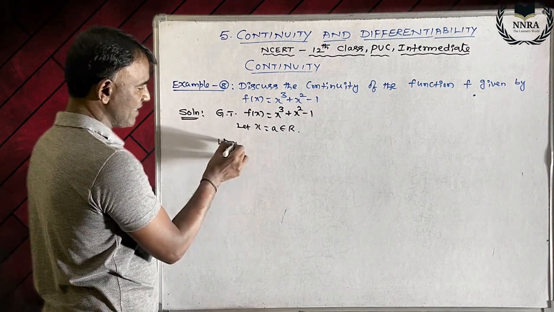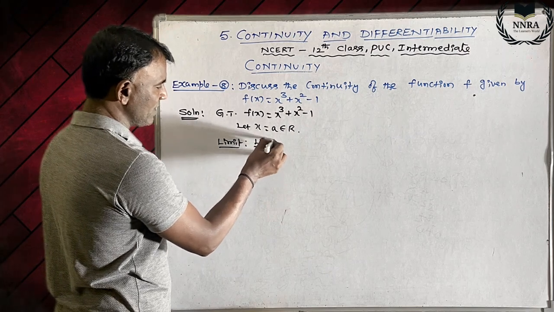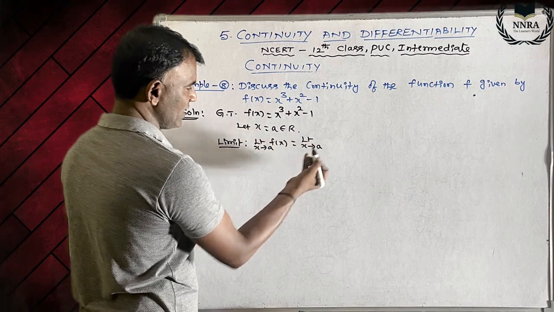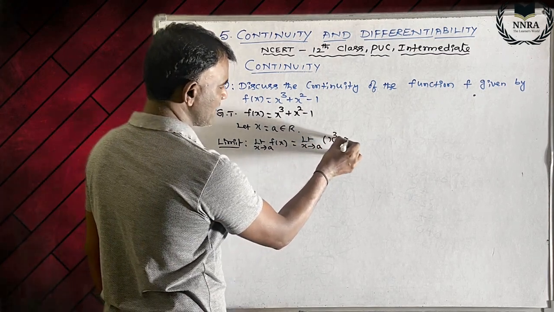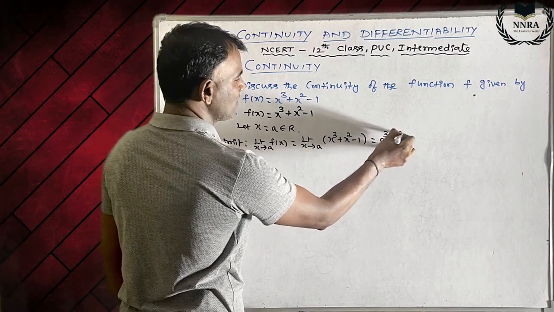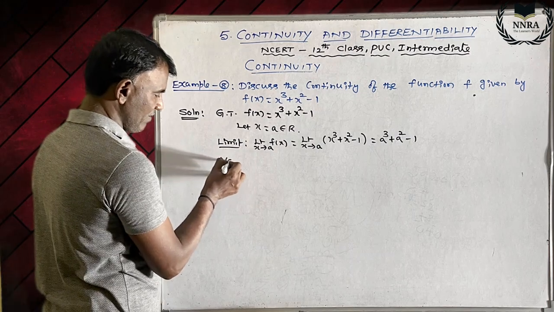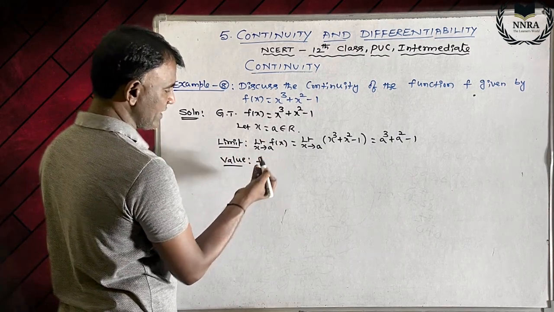First we find the limit. How to write this? Limit as x tends to a of f of x, that is limit as x tends to a of x cube plus x square minus 1, that is a cube plus a square minus 1. Okay, then the value. So value means, what is that point? a.